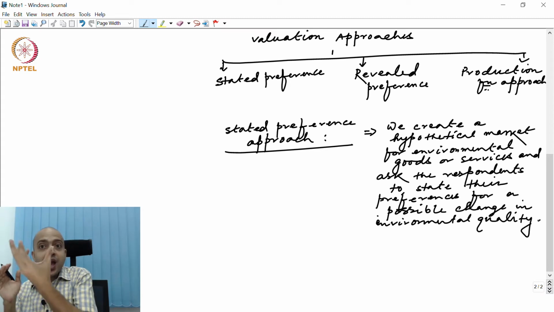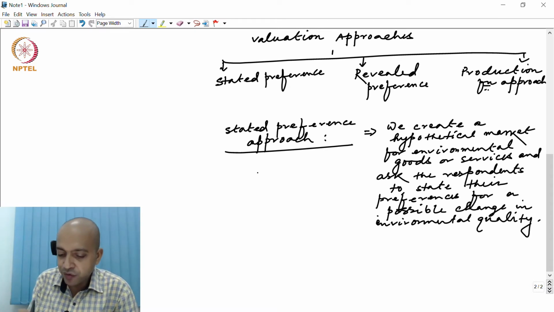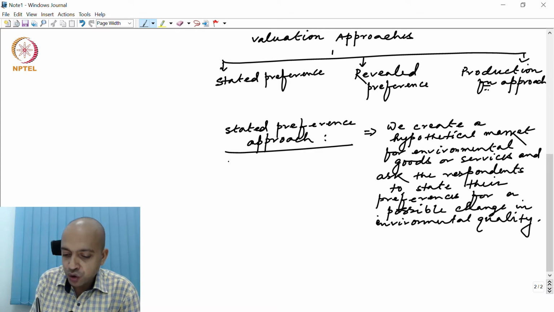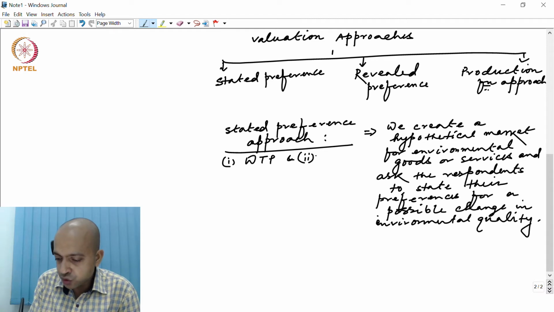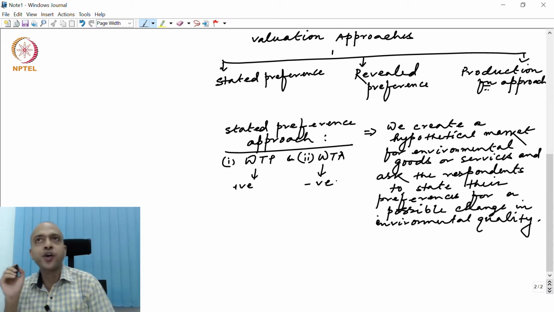By quantifying the amount they would be willing to pay or accept, we will estimate their preference. So the stated preference approach depends on willingness to pay, or WTP, and willingness to accept compensation. This is for a positive change and this is for a negative change in environmental quality.